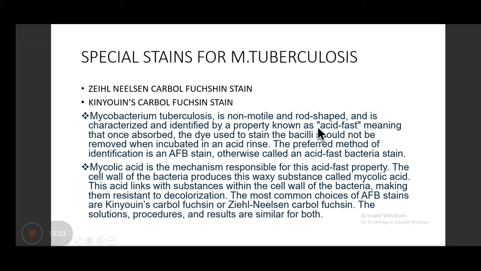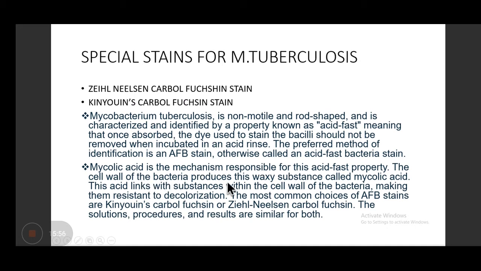Acid fast means that once absorbed, the dye used to stain the bacilli should not be removed when incubated in an acid rinse. The preferred method of identification is an AFB stain, otherwise called acid fast bacilli stain. This we have covered. So mycolic acid is the mechanism responsible for this acid fast property.